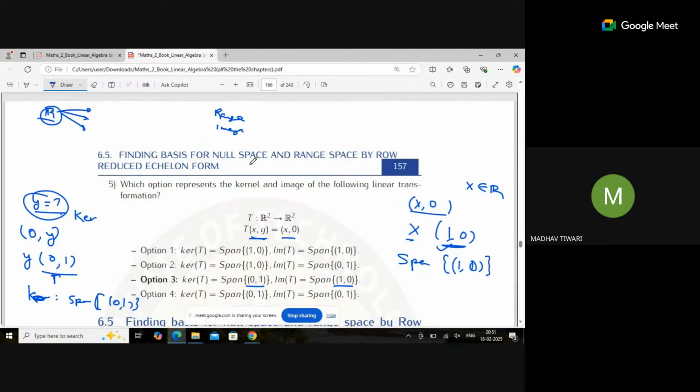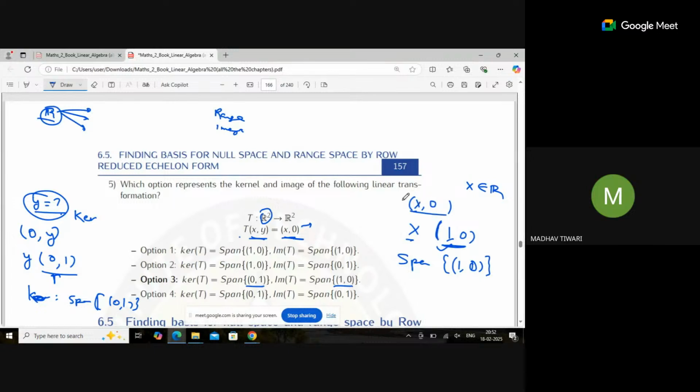Okay. I said that we are transforming vectors of R2. In this transformation, we are only getting vectors of this type, where my first component is x. What is x in this vector space? It can belong to any real number. So all those points are in this form. I can find a basis for this.